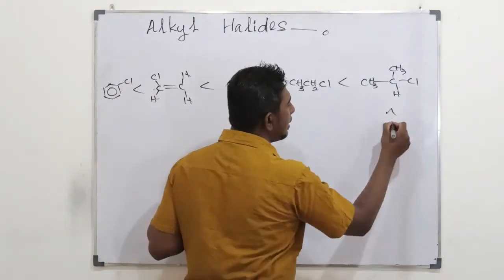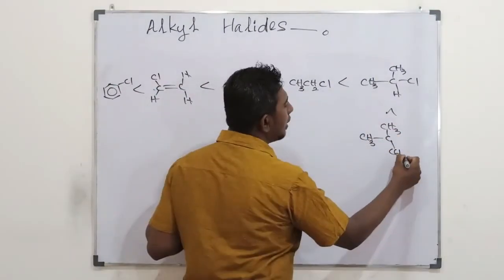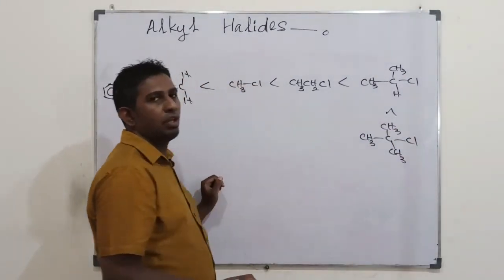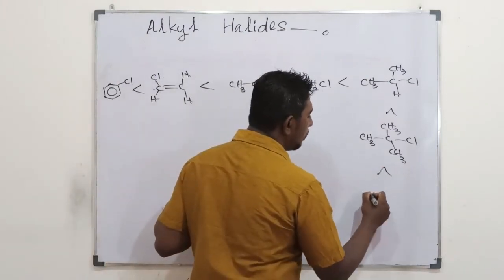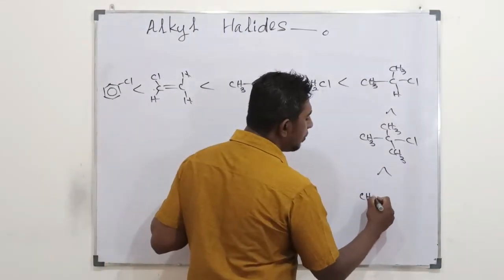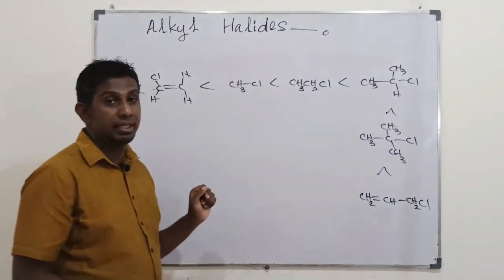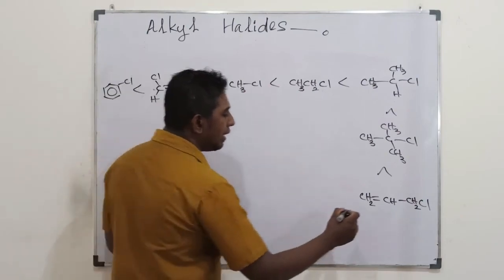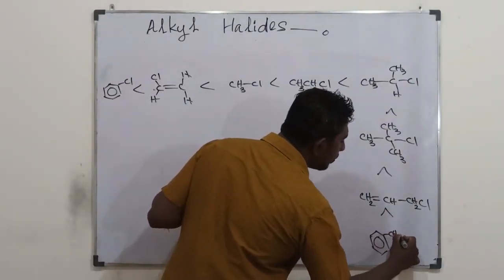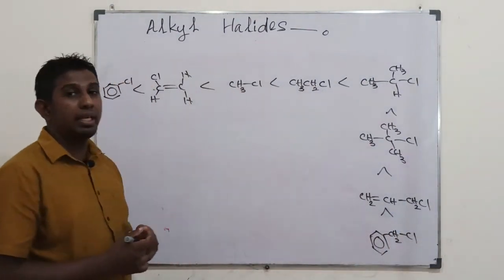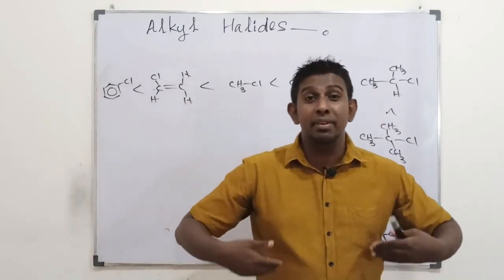Then it's the tertiary one. CH3, CH3, CH3, Cl. 2-chloro-2-methylpropane. The next one is CH2 double bond CH, CH2 Cl. It could leave easily. Okay, the last one is benzyl chloride, CH2 Cl. So in this order you would find their chlorine atoms leaving.